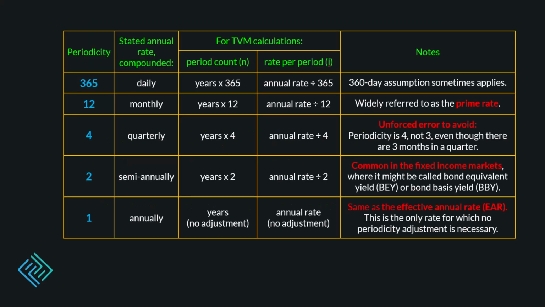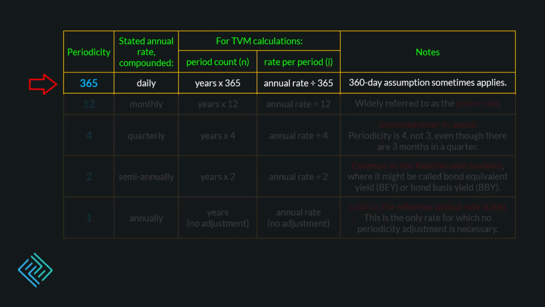Here are some of the most common periodicities in finance. If the stated annual rate is compounded daily, the periodicity is 365, or in some circumstances, a 360-day assumption is applied. Let's proceed with the 365-day assumption.